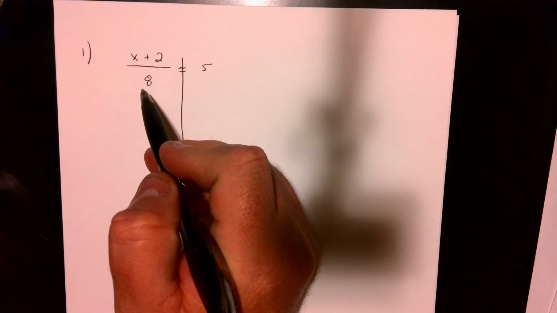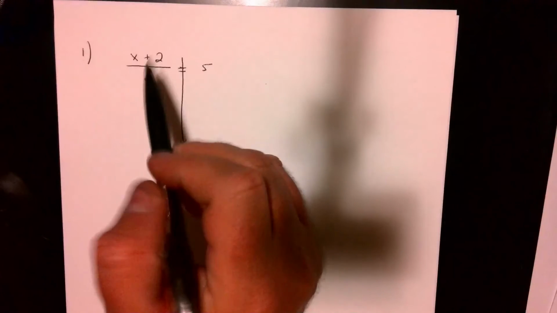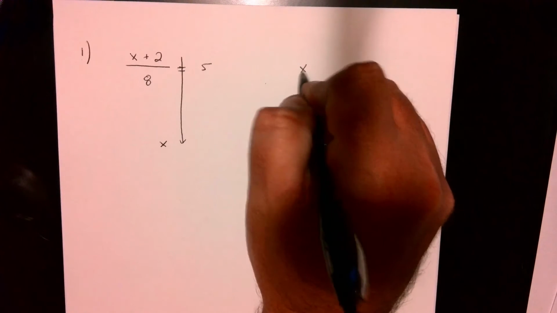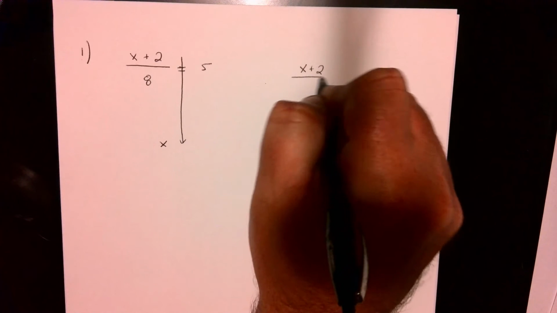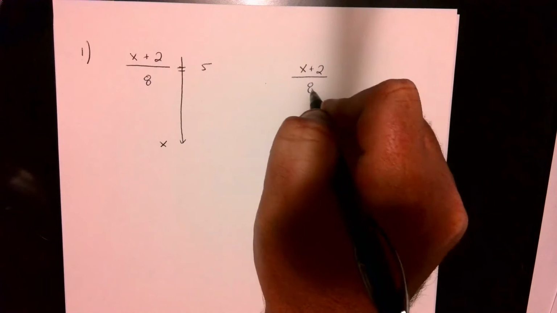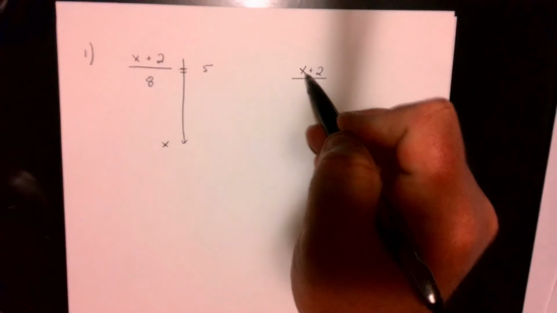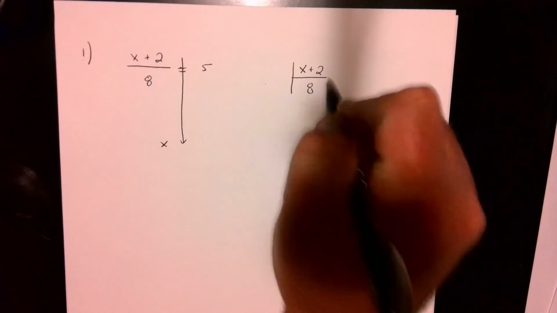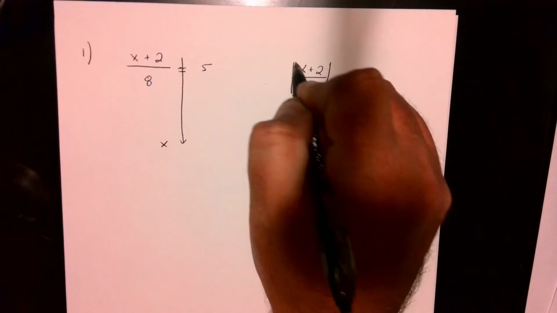So in my class we talk about we want to get rid of what's farthest away from the x. So if I break aside for a second here, and this is kind of my crazy thinking that we do in my class. If I have this (x plus 2) all over 8 right here, and I pretend let's make it into a house.